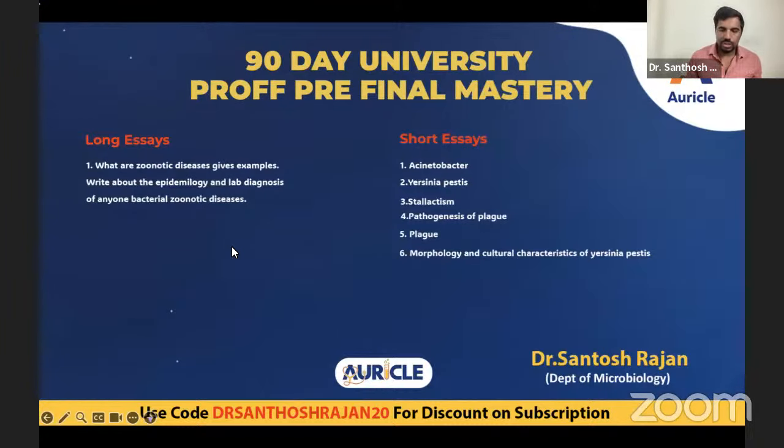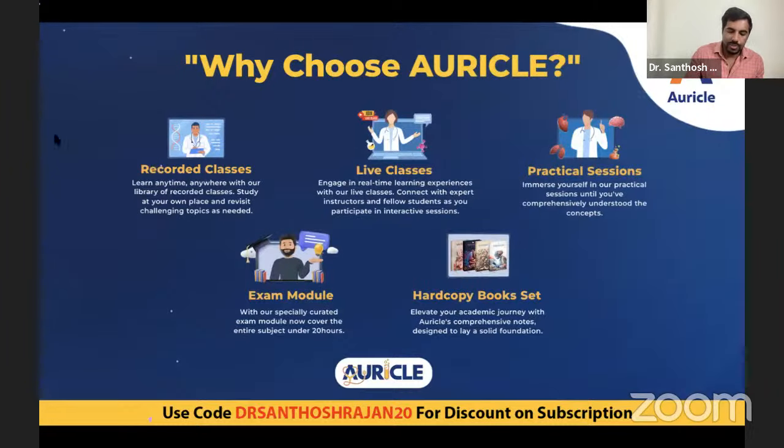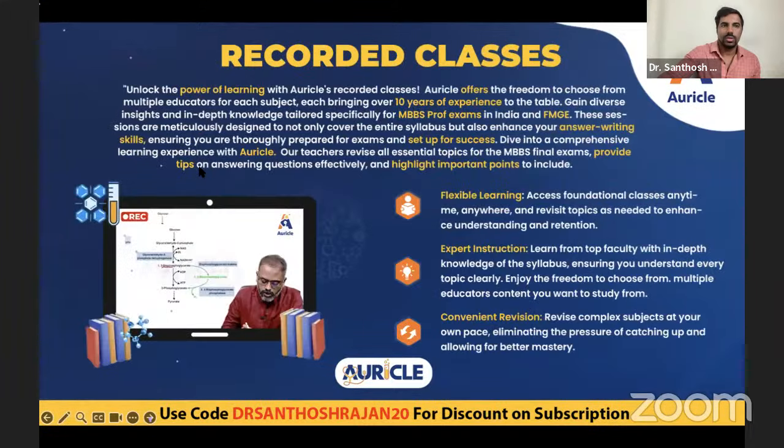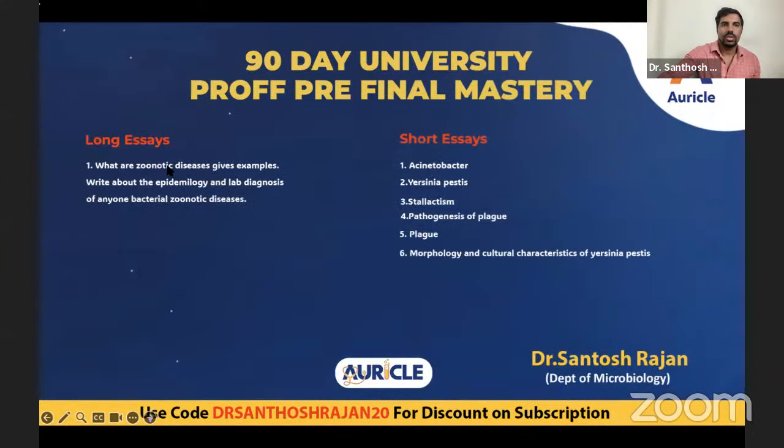So these are the topics we are going to cover in the 90-day university. The long question today would be the bacterial zoonotic diseases. We're going to list the zoonotic diseases.